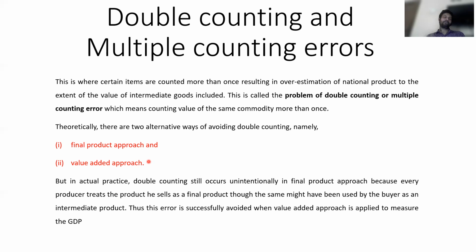It is a final output. In some cases, such a product becomes an intermediate good as well. Therefore, the final product method is somewhat difficult. It is quite difficult to decide which one is intermediate and which one is final. So the value-added approach is best.